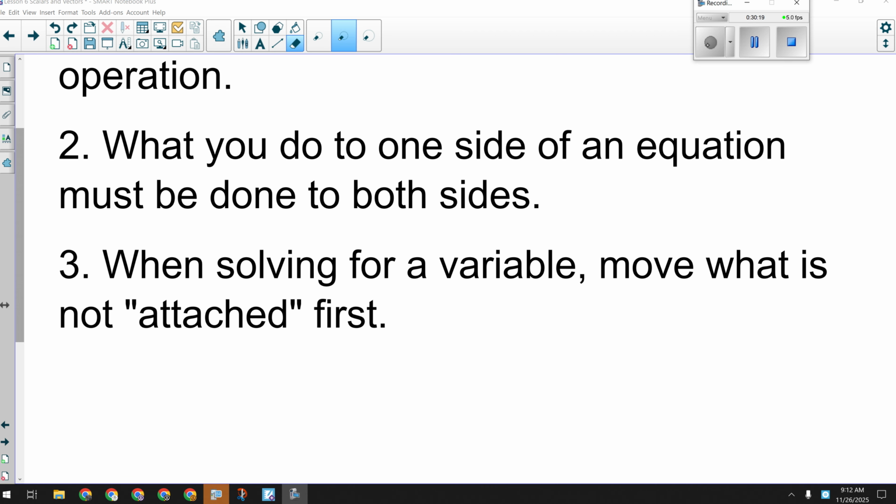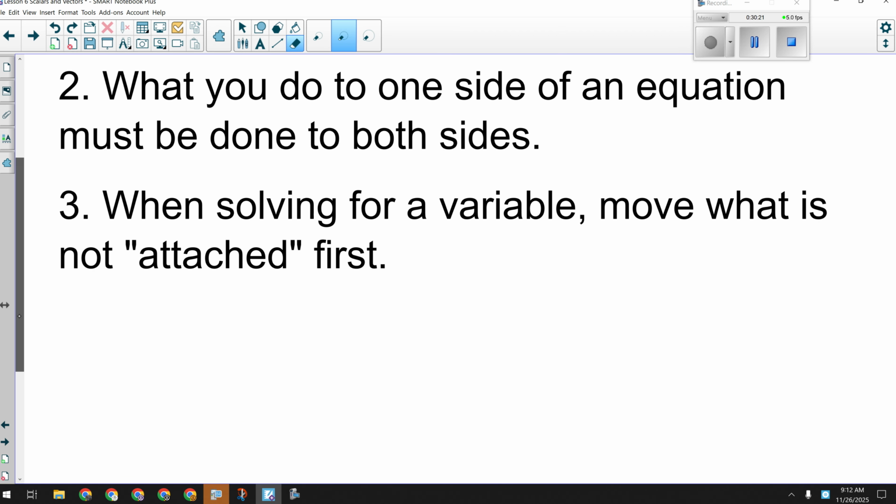All right, so let's say we have this formula, because this is one we're going to use in this unit. Okay, I want to solve for VF, right? What, according to the rules of algebra, should I move first to isolate VF?